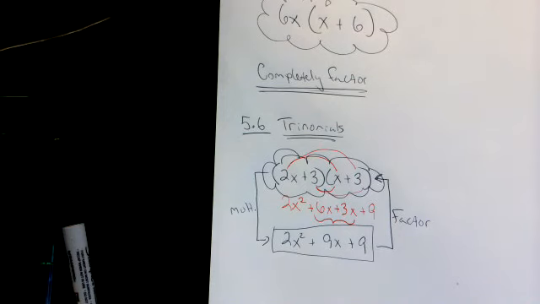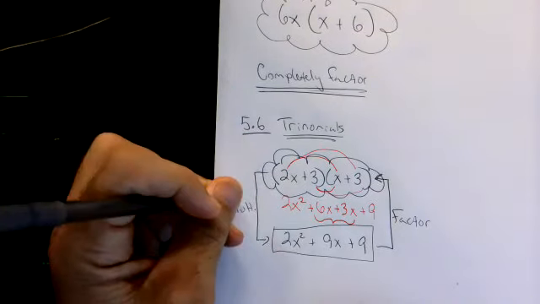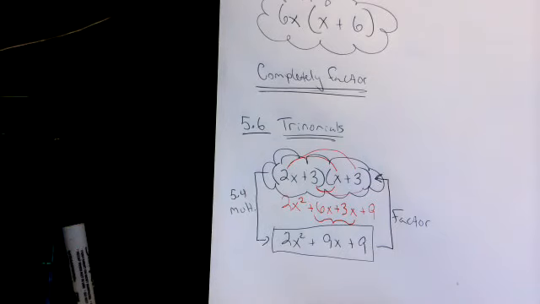So 5.4 was multiplying those two things together. 5.6 is going to be undoing that. We're going to be taking our trinomial and then breaking it apart. We're going to start with some of the easier ones, and then we're going to get to some of the more difficult looking stuff. They throw you a couple of curveballs that I want you to be ready for.